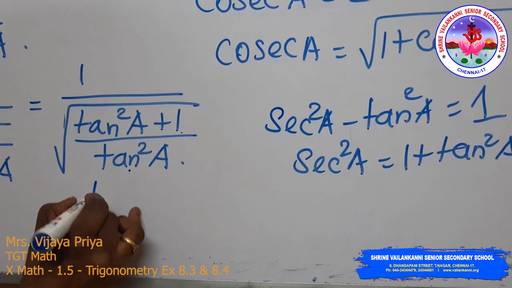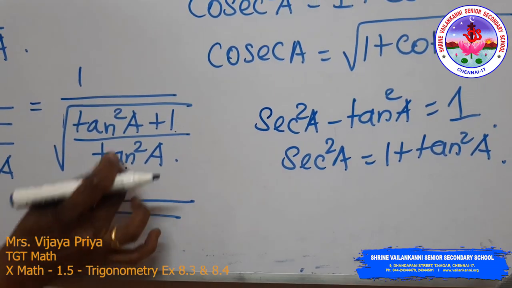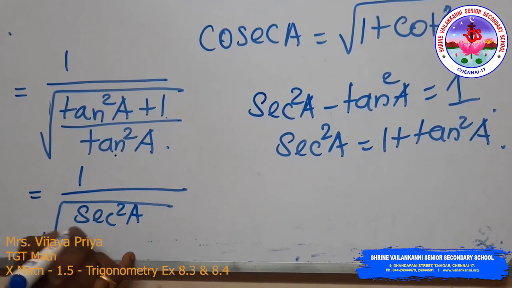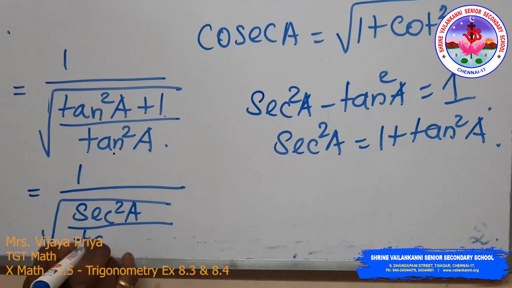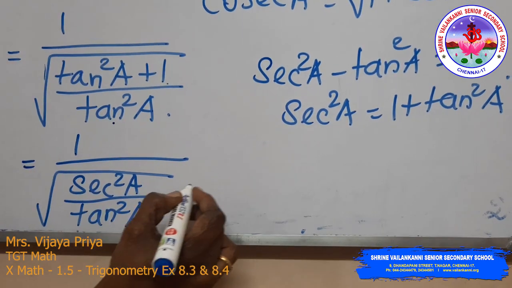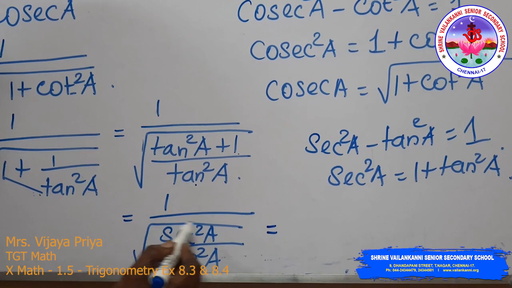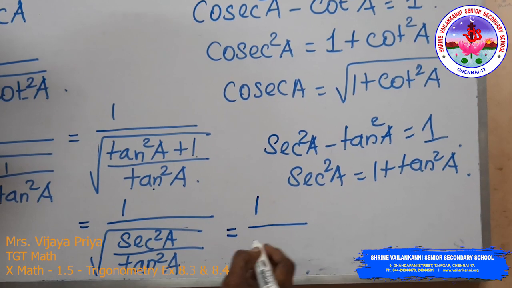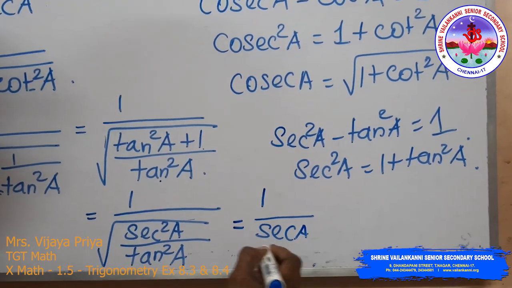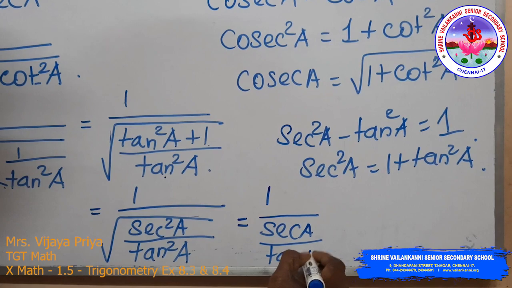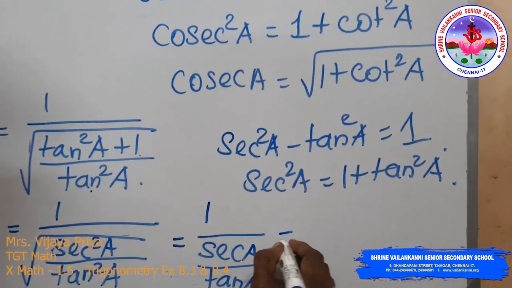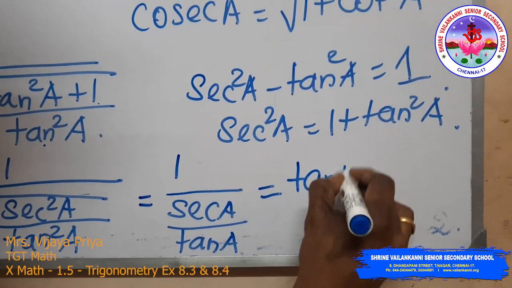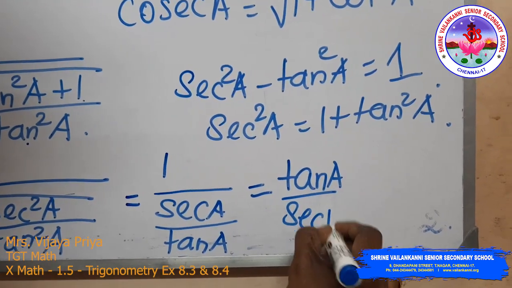So it is equal to 1 by square root of secant squared A by tan squared A. Removing the square root, the power 2 will go off. So you will get 1 by secant A by tan A, which is equal to, this tan A goes to the numerator, tan A by secant A.